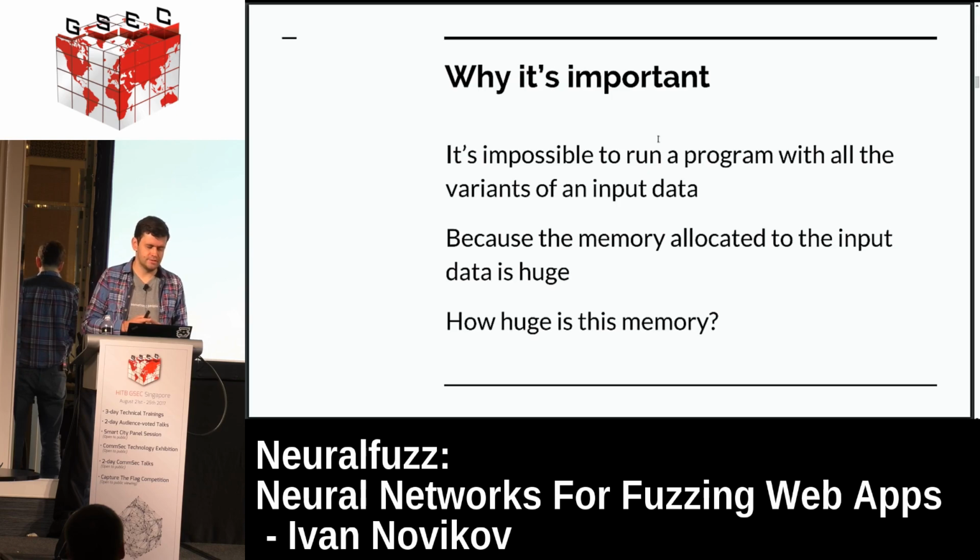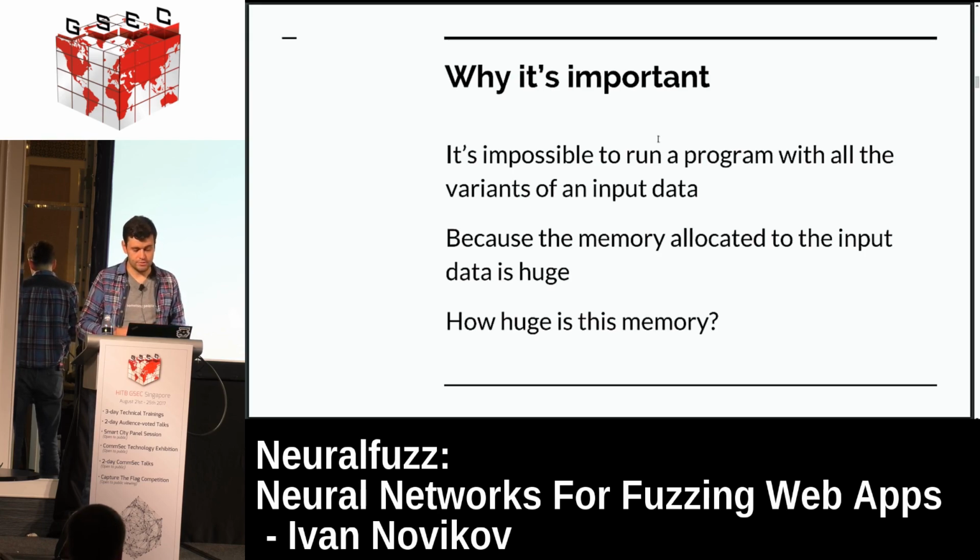For web apps, these are not files but HTTP requests with parameters inside, and each of them has some length, and this memory is really huge. It's impossible to use a binary fuzzer and try each variant.